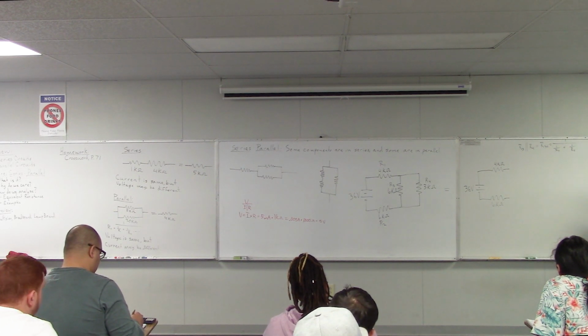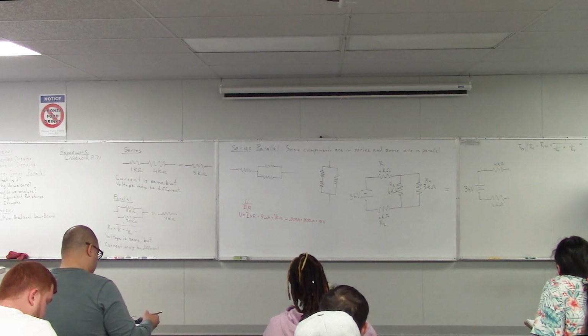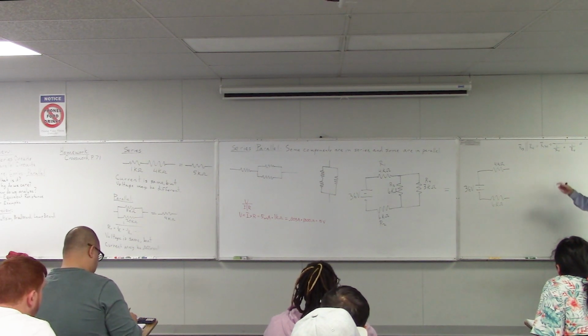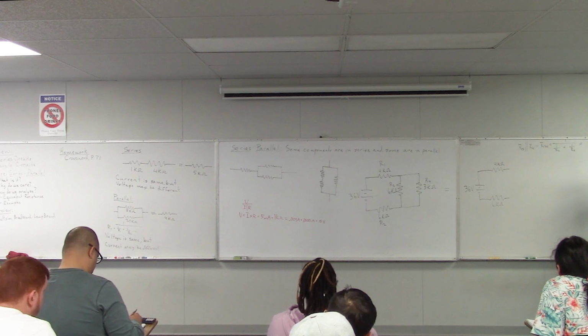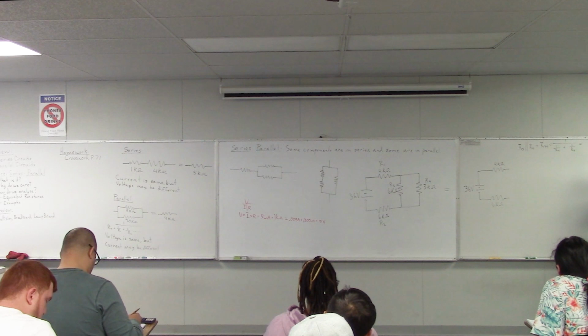So this is 1 over, 1 over 6,000 plus 1 over 3,000.